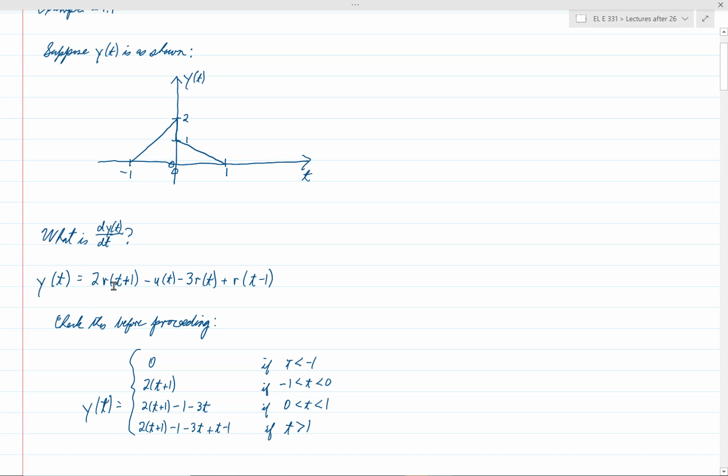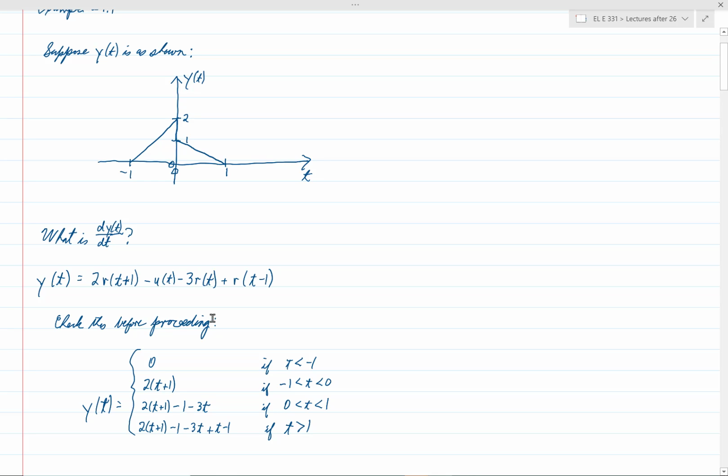The first thing we observe is that the function that will turn on first is this 2r of t plus 1. That turns on at t equals -1. U of t and r of t turn on at t equals 0, and then r of t minus 1 turns on at t equals +1.